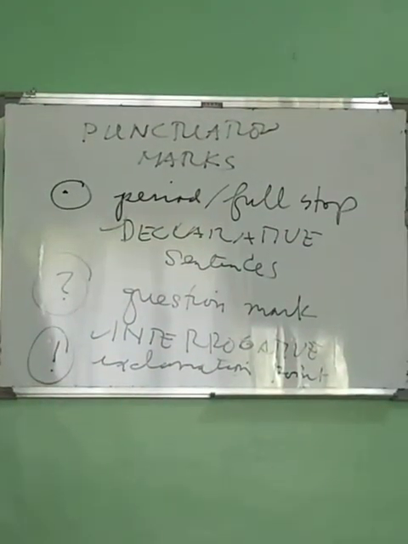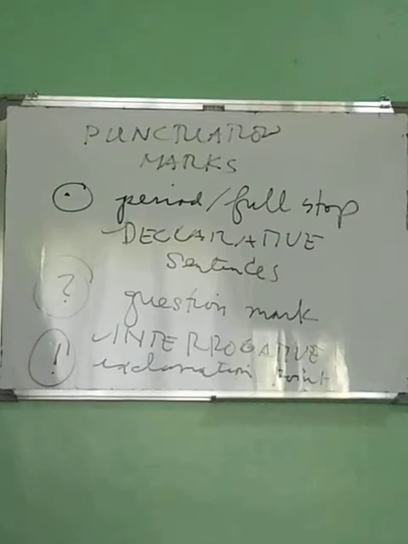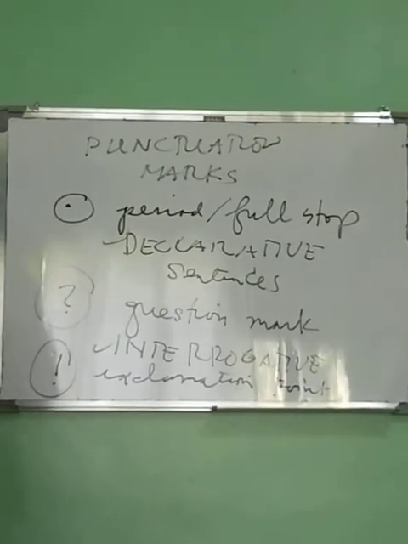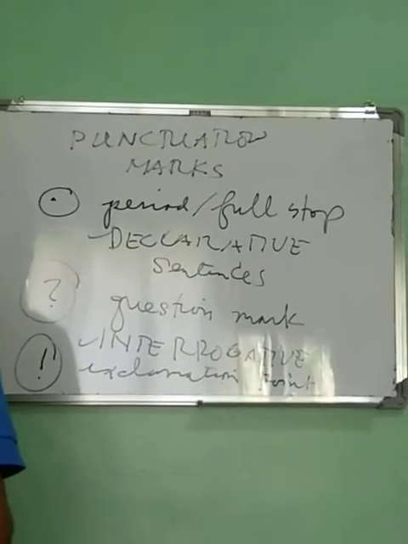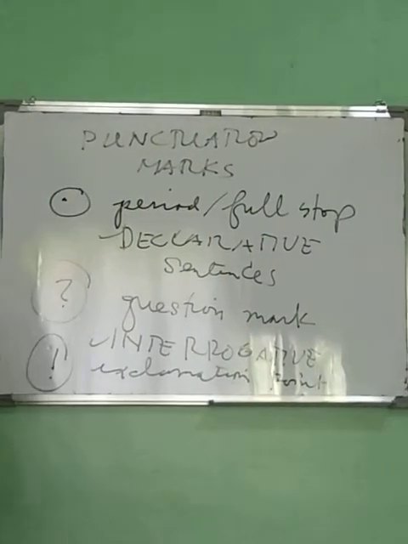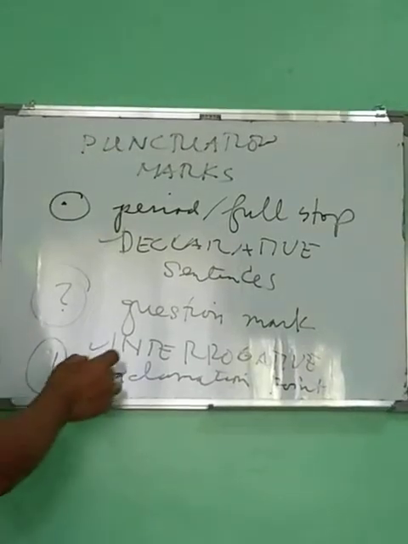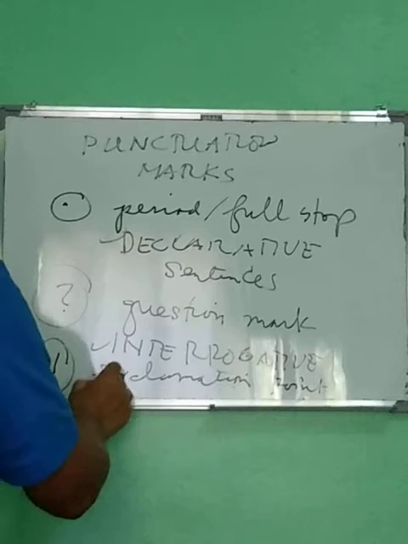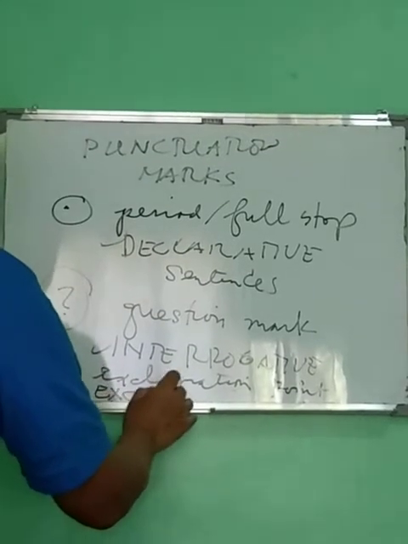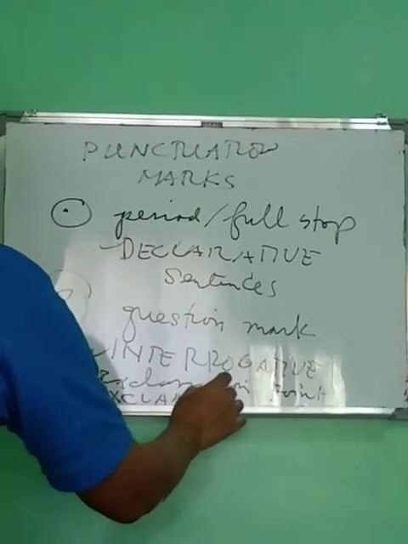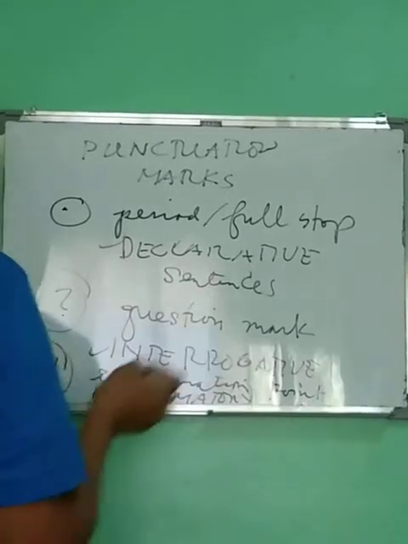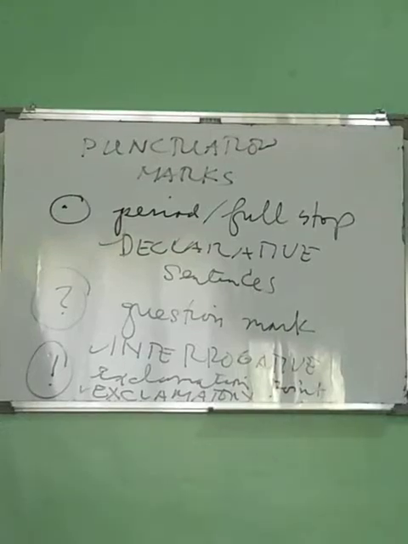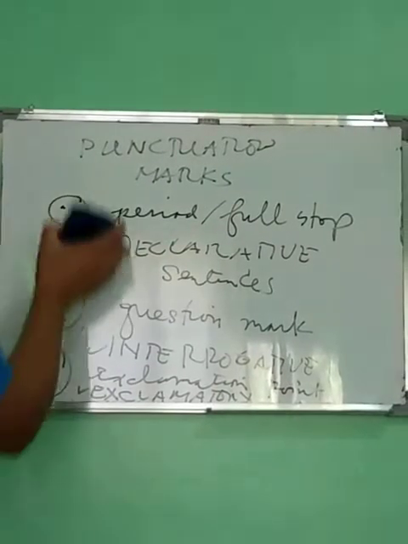Well, when you are uttering or saying something where you express your emotions, whatever feelings those might be. This one is used for exclamatory sentences. So you have declarative, interrogative, and exclamatory sentences.